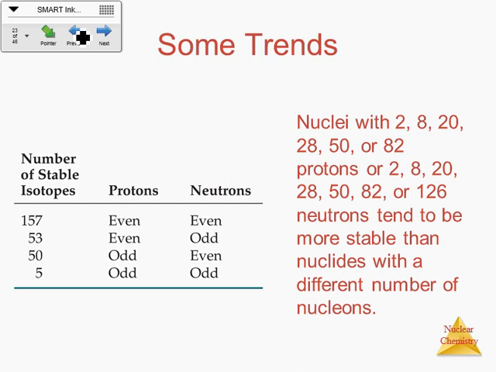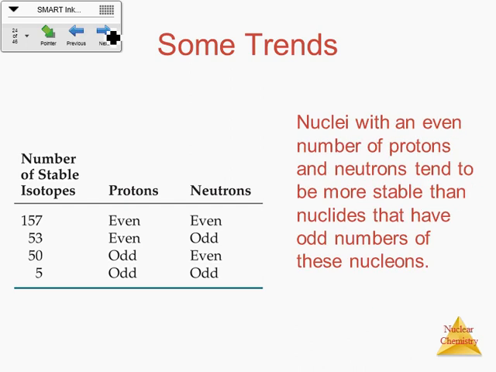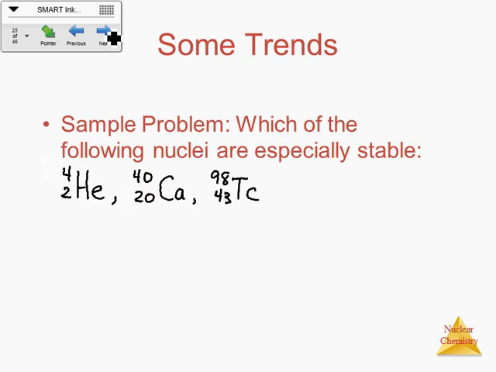And then also if they have an even number of protons and neutrons. So helium here seems to fit that description on both counts, because it has 2 protons, atomic number of 2, and it has an even number of protons and neutrons. So this one we would probably call especially stable.